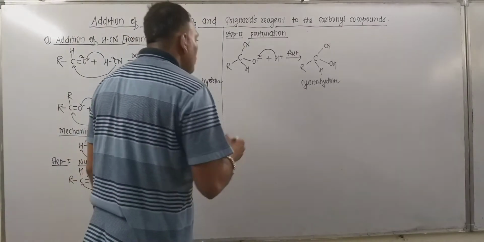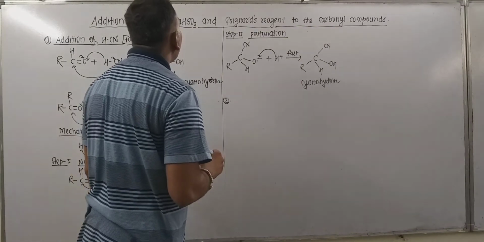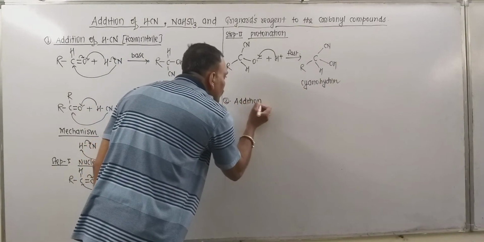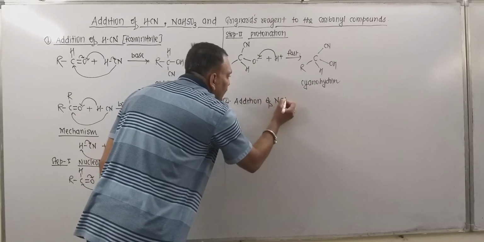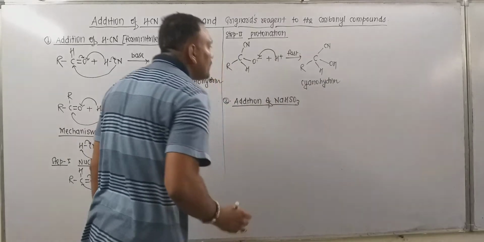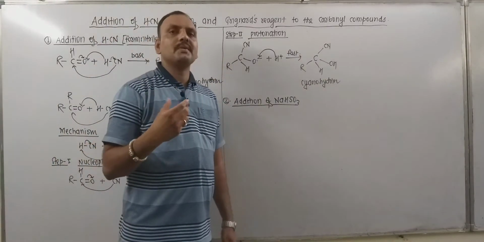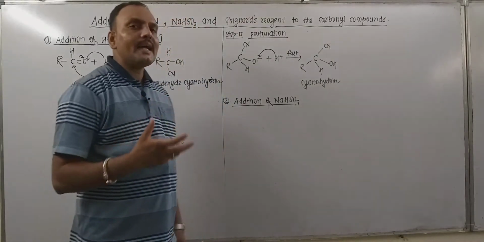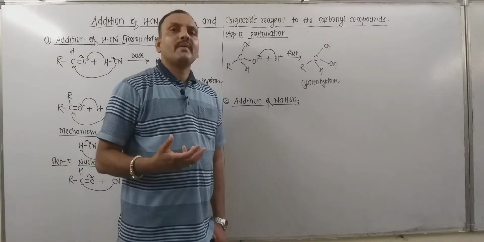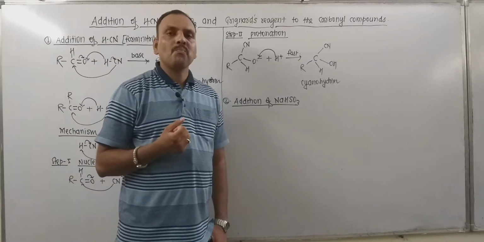Now the second important thing, I mean second is addition of NaHSO3. NaHSO3 is nothing but sodium bisulfite. Remember, this reaction has industrial importance as aldehydes and ketones react with sodium bisulfite to give bisulfite addition products.